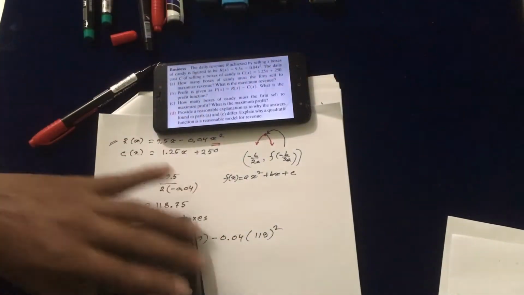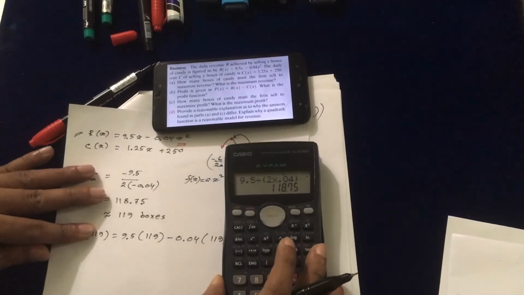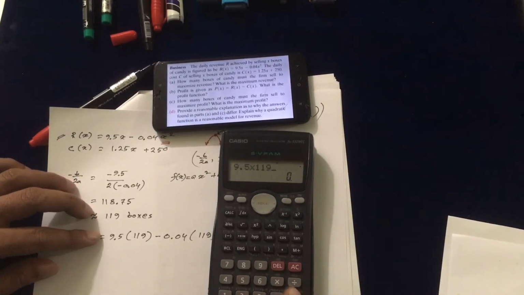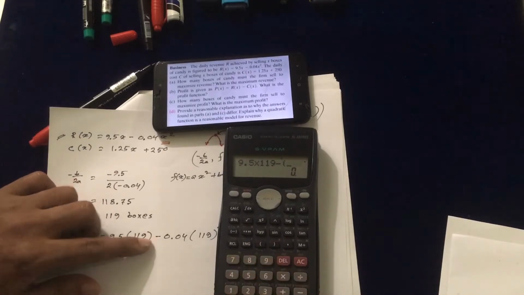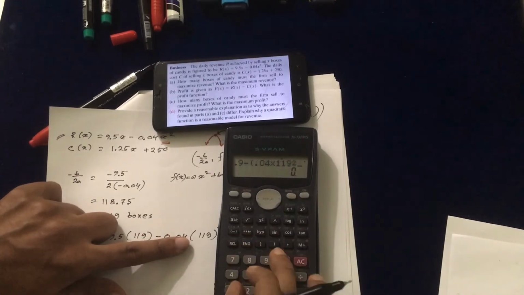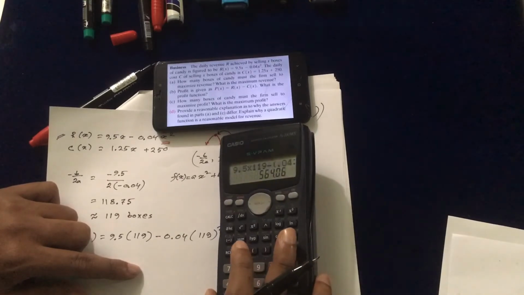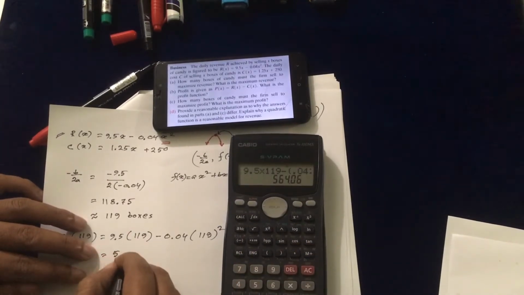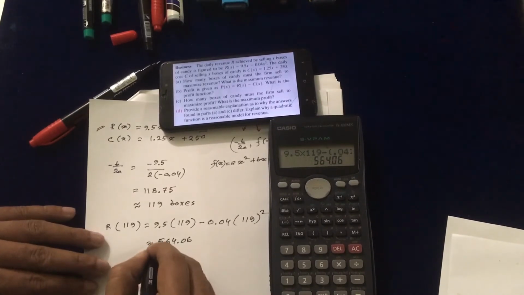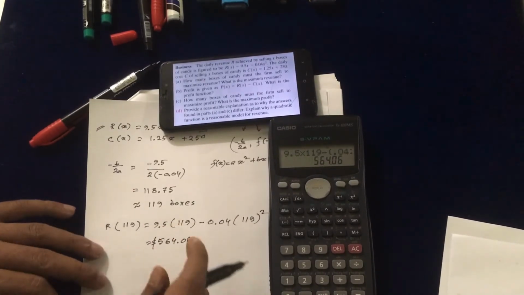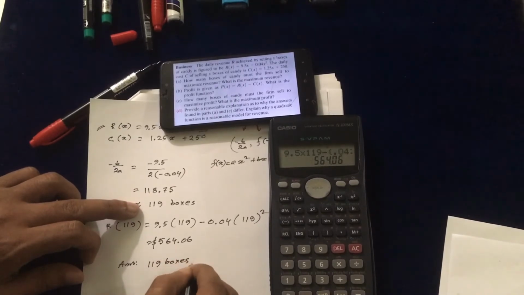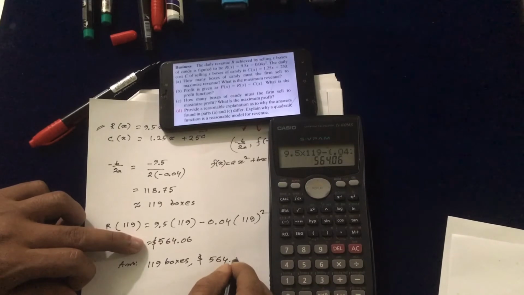So let's find it out now. Let me put it here. 9.5 into 119 minus, let me give a bracket here, 0.04 into 119 whole squared, bracket close, equals 564.06, and as it is revenue, the answer will be in dollars. So the first part answer is 119 boxes, comma, 564.06 dollars.